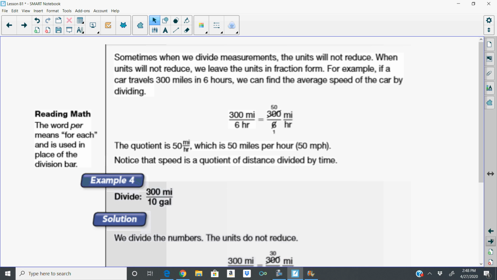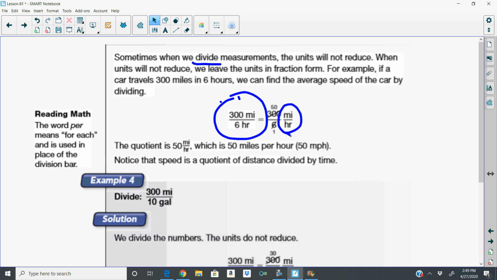All right, now another situation is that sometimes we don't have the same unit when we're dividing. When we divide measurements, the units will not reduce if we don't have the same one. So take a look at this problem right here. If a car travels 300 miles in 6 hours, we can find the average speed of the car by dividing 300 miles by 6 hours, okay? We cannot reduce this because they can't cancel each other out.